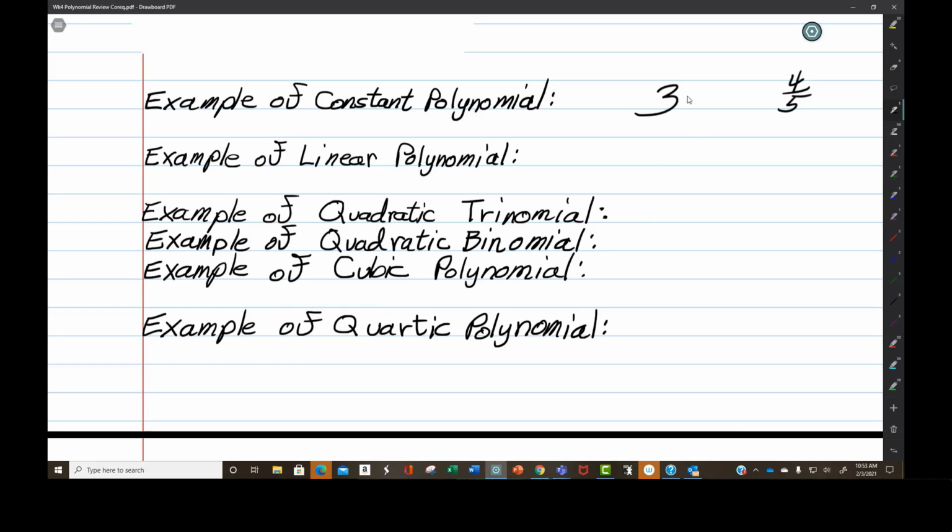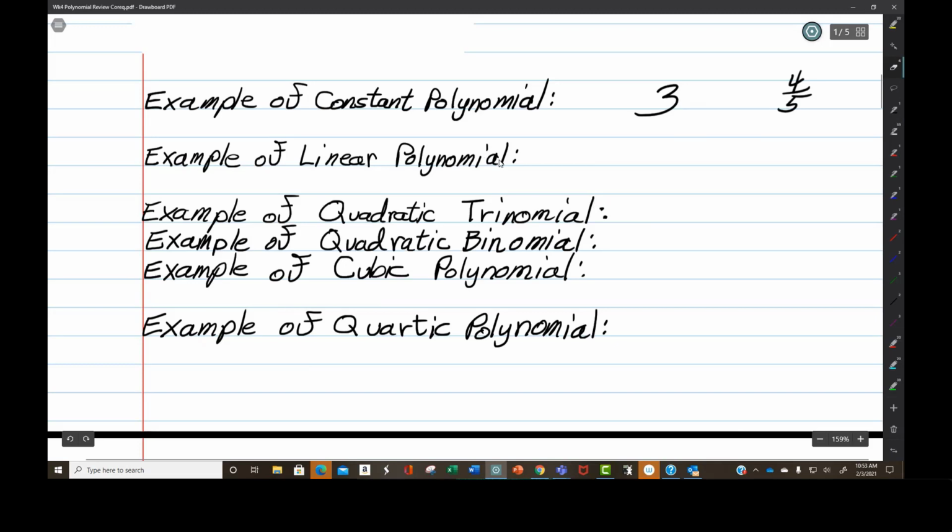Of course, you could say, well, it's like x to the 0, or d to the 0. And yeah, what you would be saying would be true. But a constant polynomial is just a constant.